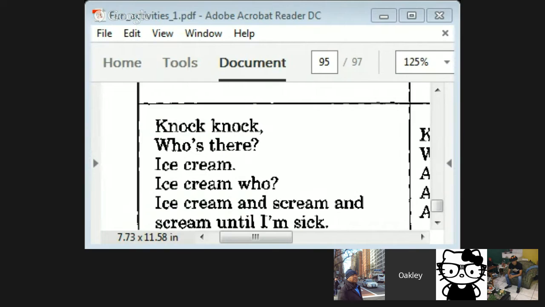When we have a compound noun, we put the stress on the first word or the main syllable of the first word, primary stress, which is high pitch, and then low pitch on the second word. So just saying the word by itself, it's ice cream, like baseball, airplane, high, low, ice cream.